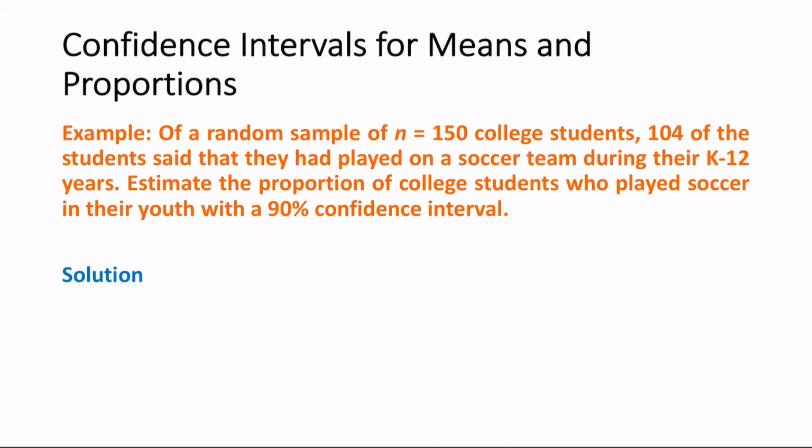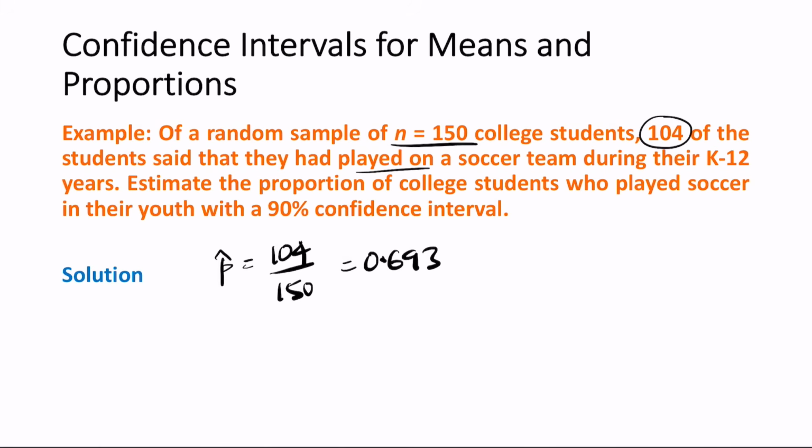Next, let's try and solve a proportion problem. Here they have given us n equal to 150 and they said that 104 of the students said that they had played on a soccer team. So which means that P cap here is 104 by 150, which is going to be 0.693, and Q cap becomes 0.307.